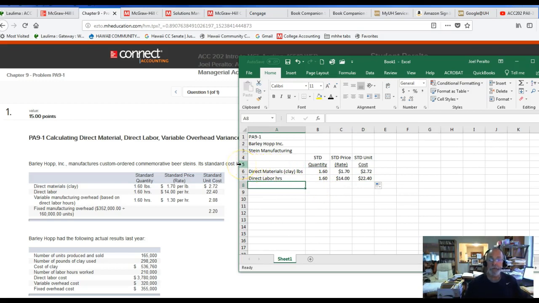Variable manufacturing overhead based on direct labor hours.